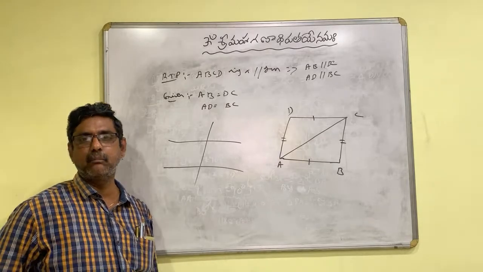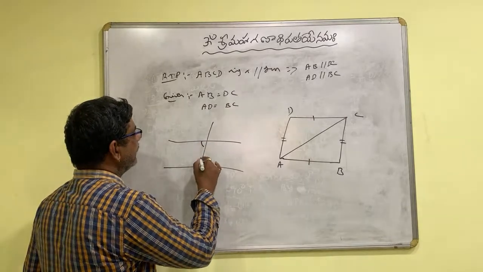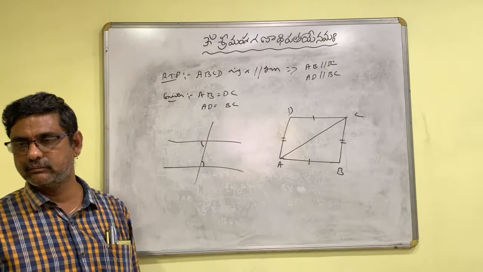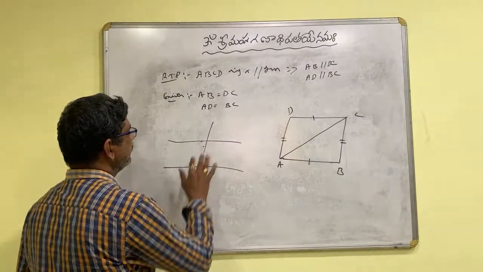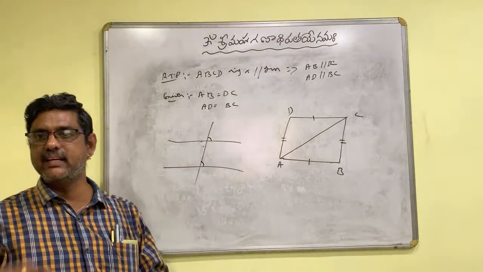Okay, if you don't know, know it now. If we prove a pair of alternate angles are equal, then the lines are parallel. First option. Second option, if we prove corresponding angles are equal, the lines are parallel.